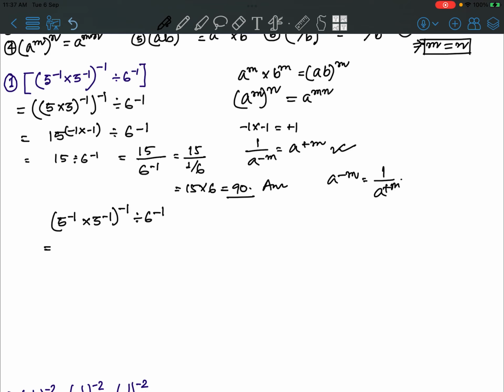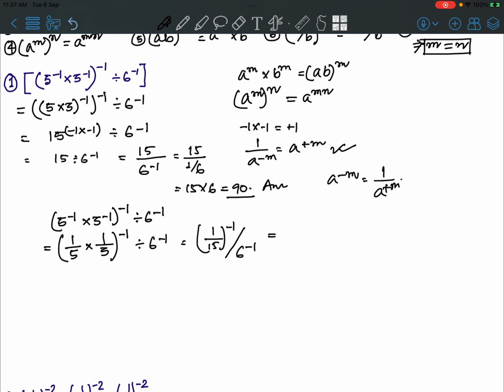So we can write 5 to the power minus 1 as 1 by 5 and 3 to the power minus 1 as 1 by 3, then whole to the power minus 1, divided by 6 to the power minus 1. Then (1 by 15) whole to the power minus 1, divided by 6 to the power minus 1.